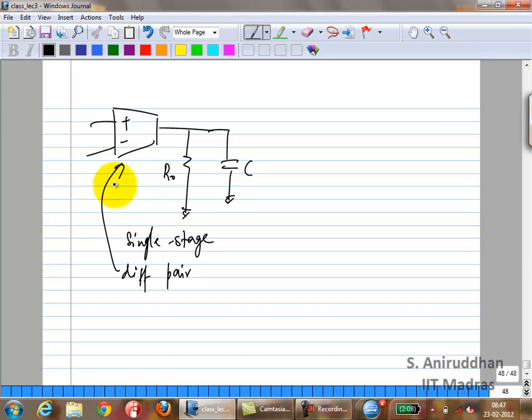Can you do anything else? Let's go back to one of the other techniques we discussed. So now we know we want to increase R out. What is the other way to increase R out? Cascode. If you make this a cascode stage.